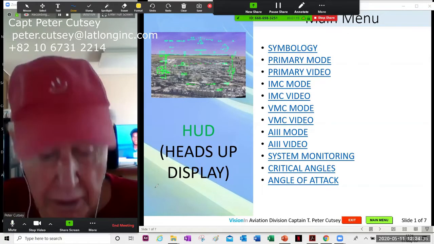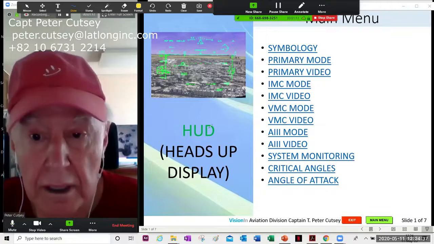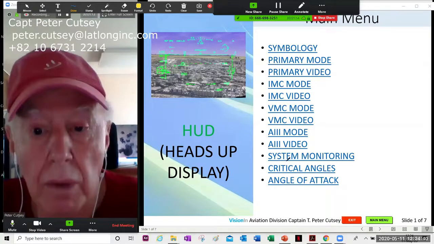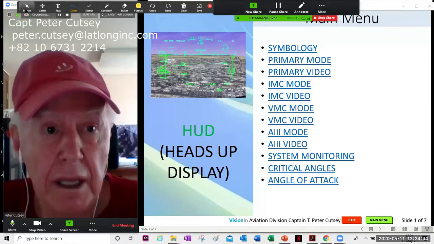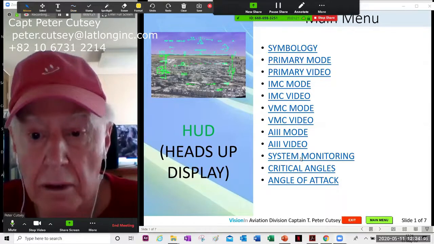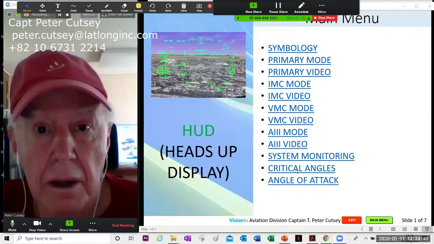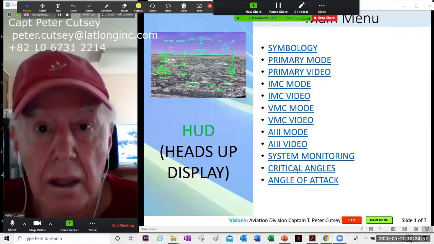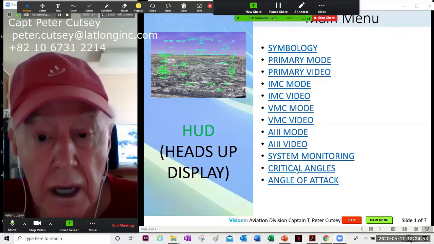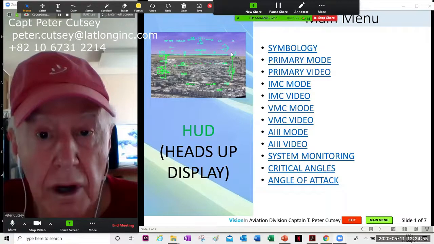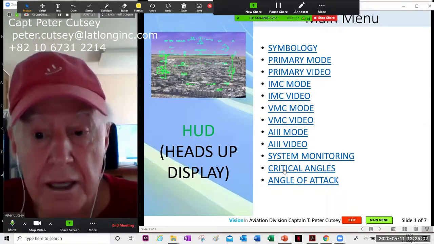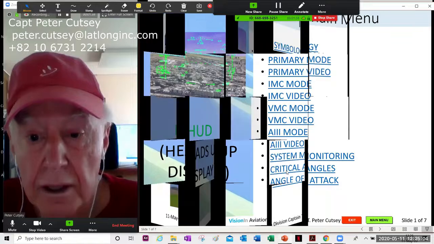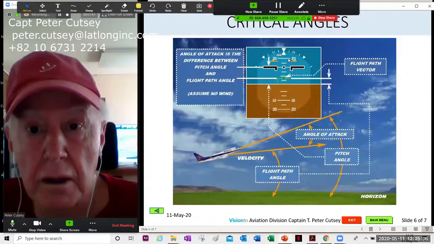Before we get into the different modes, I'd like to point out some of the important angles that pilots should be aware of when you're using the HUD and you're trying to understand this little display up here called the angle of attack. Let's look at the critical angles, three critical angles.